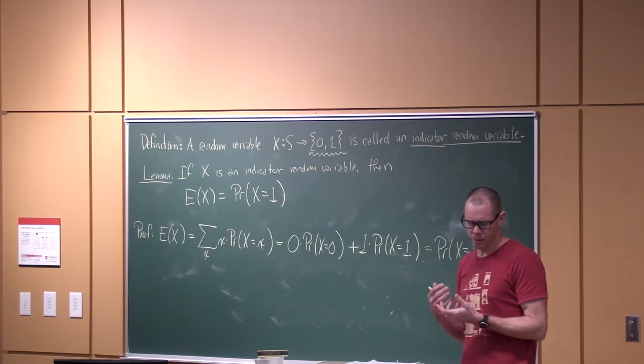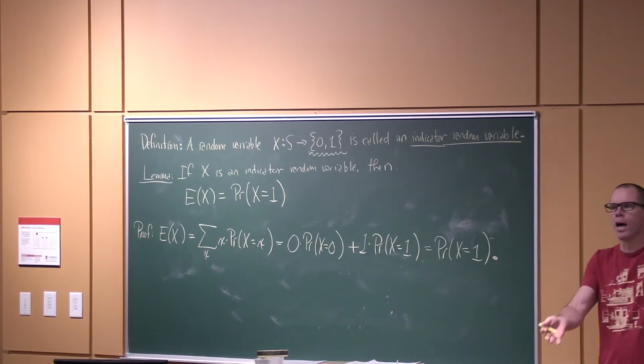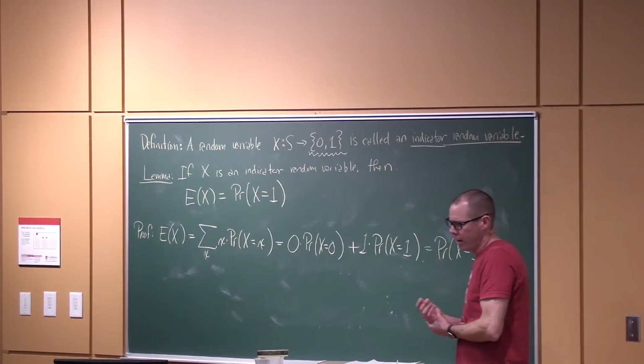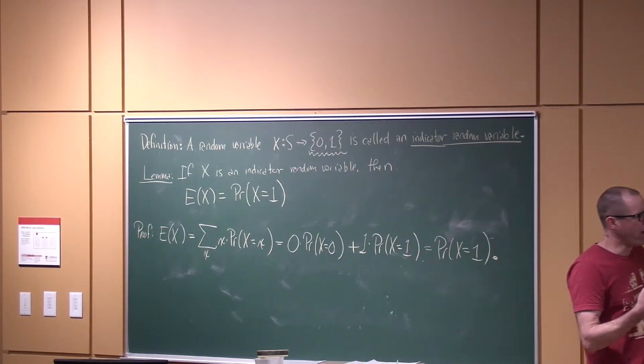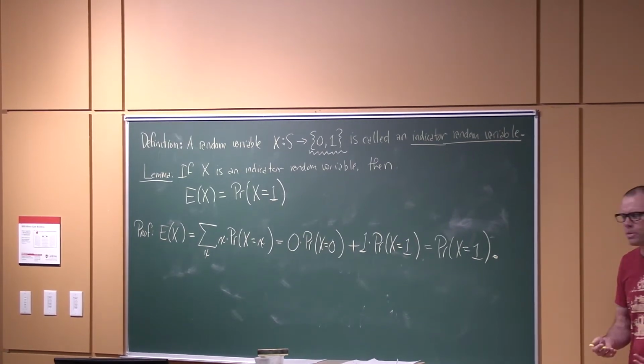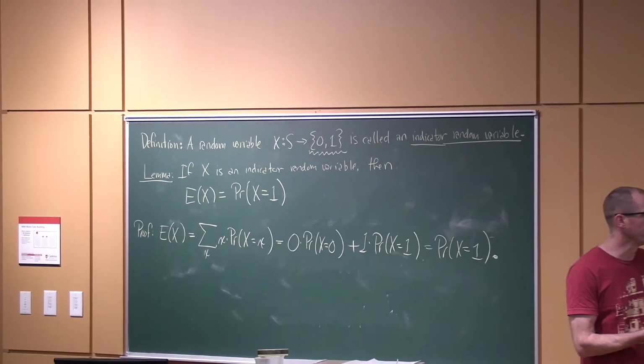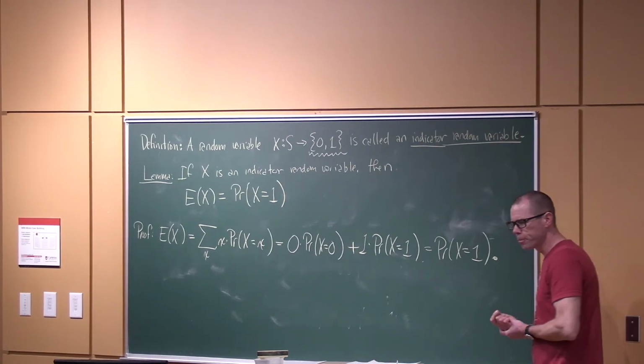And so usually that maps back to lines of code, and you ask, okay, how many times does this line of code execute? And you define a random variable that says, if during the ith step of the algorithm this line of code executes, then this indicator random variable is 1 if it executed and 0 if it didn't. And then the number of times that line of code executes is just the sum of those indicator variables. So we'll see a couple of examples of that in a minute.